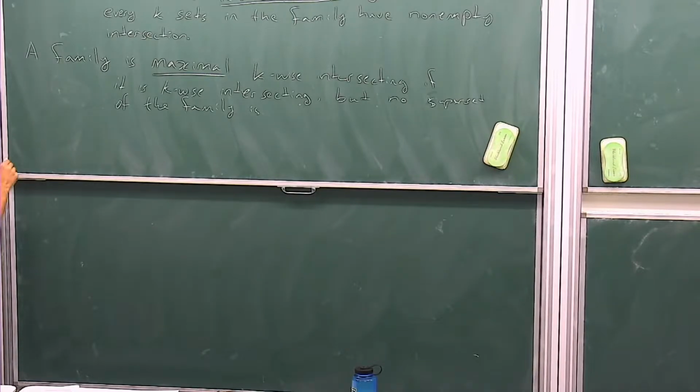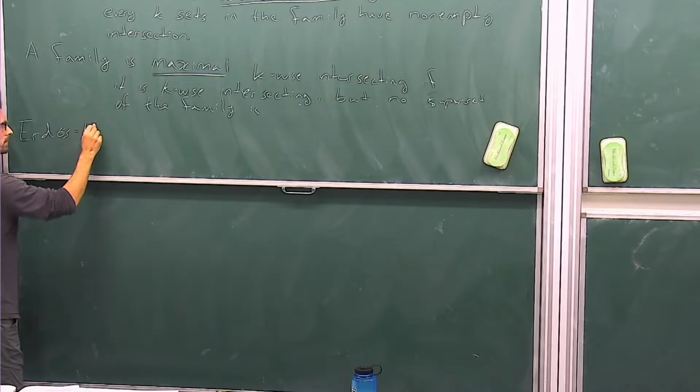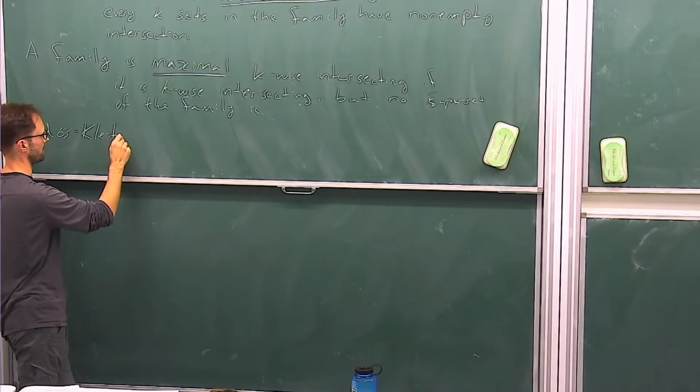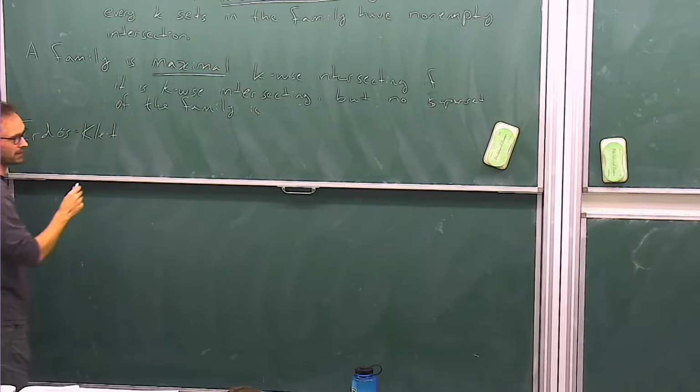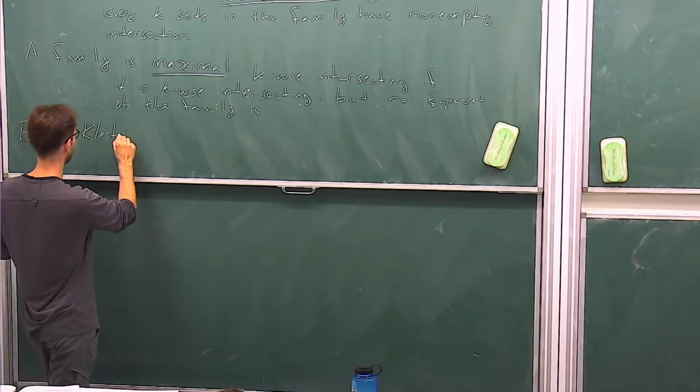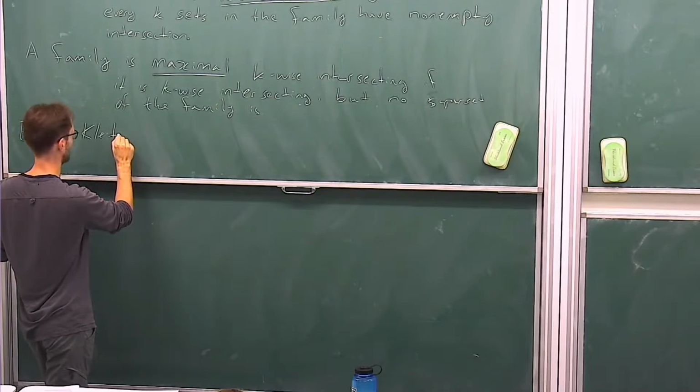So, a maximal k-wise intersecting family. A k-wise intersecting family could be empty or, maybe, have... So that's one of the easier extremal questions: how small can it be?